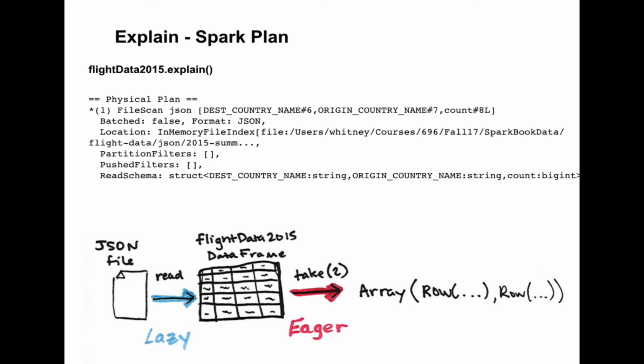And if we're using multiple machines or multiple cores, and if the data frame is big enough, it is going to exist on different machines or different cores. And then when you call take, you're calling from the master, and it's going to get, in this case, the top two, and bring it over to the core or the machine that the master is running on. Now we can access it there.